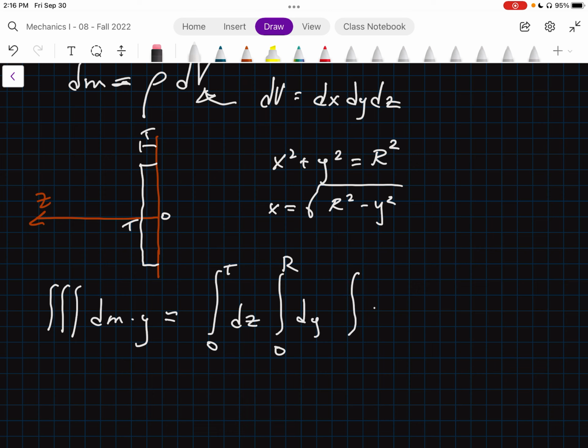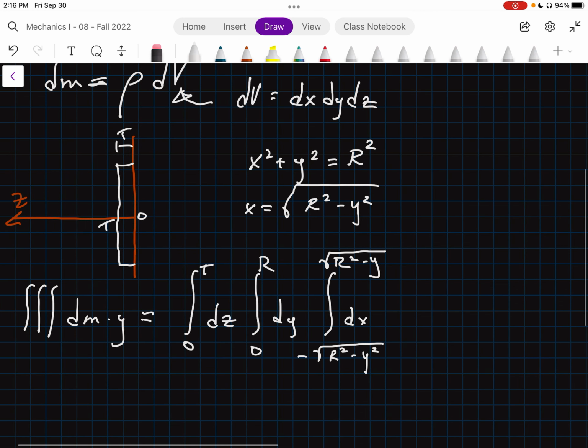And then in the x direction, I have to integrate from negative square root of r squared minus y squared to positive square root of r squared minus y squared. Okay, and then dx dy dz is my volume element, and then of course I still need to multiply by the density, right? Because dm is density times my volume element.